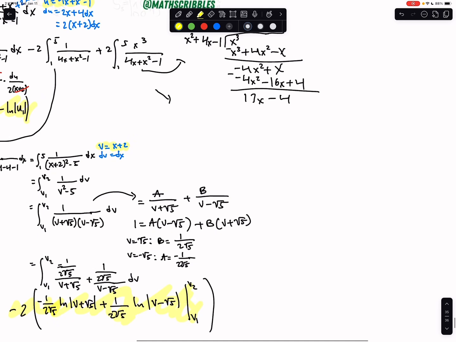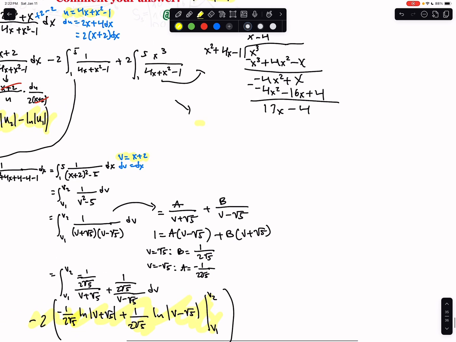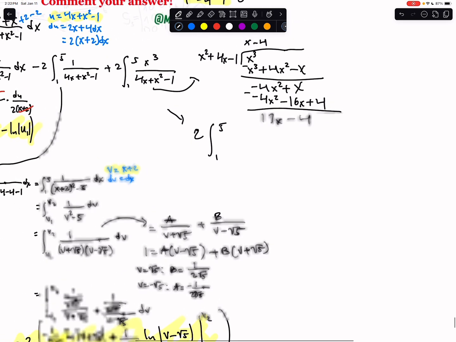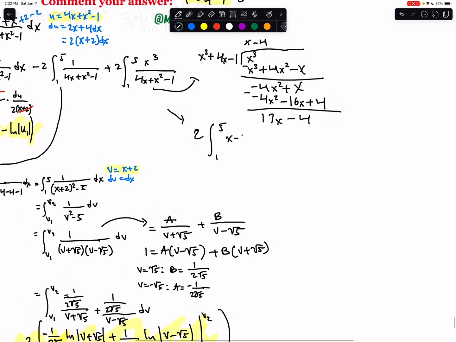So now if we deal with this integral here, we'll have 2 times the integral from 1 to 5 of x minus 4 plus 17x minus 4 over x squared plus 4x minus 1.